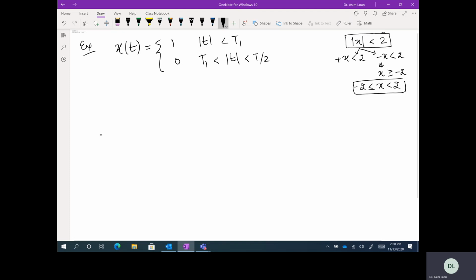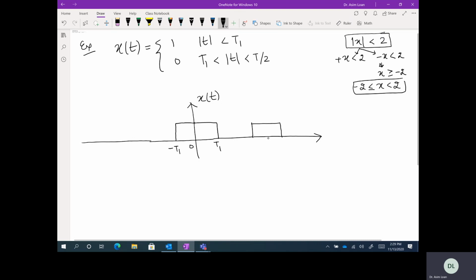If I sketch, and always try to sketch in this course, engineers should know how to sketch. I have x of t over here, and then I have minus t1, 0, and t1, and this is centered around zero.